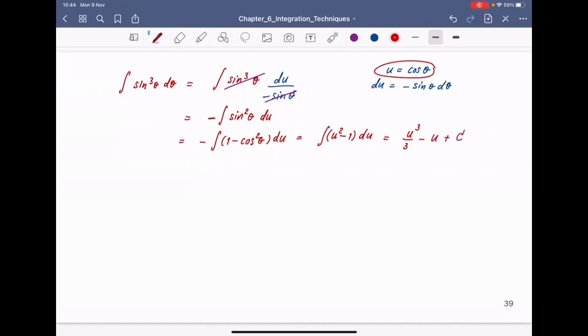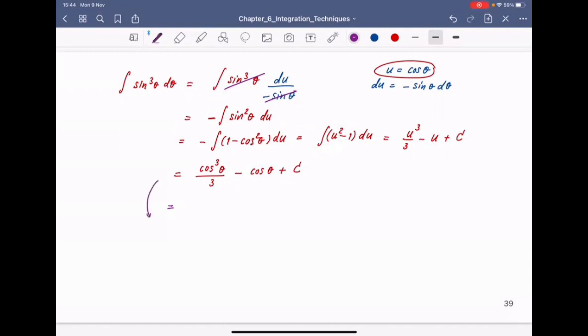I turn u back to cosine: cosine cubed theta over 3 minus cosine theta plus c. This is the answer in terms of theta. But for the final answer, you have to convert back to x.